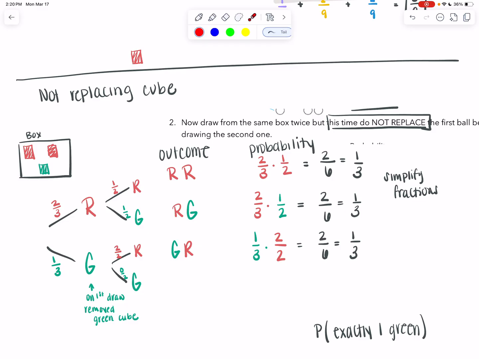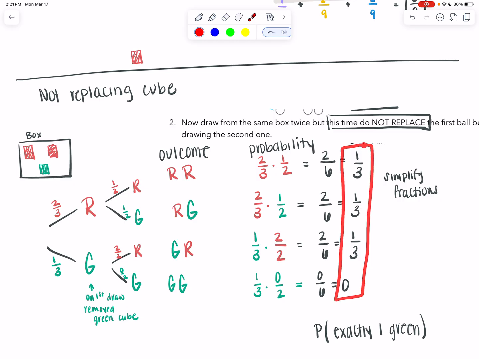And then the last one, green, green, multiply those probabilities. 1/3 times 0/2 is going to give me 0/6, or 0. So all of these are now your probabilities for each specific outcome.